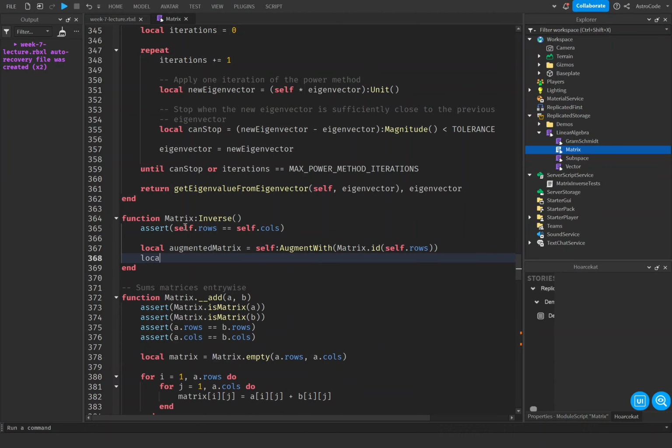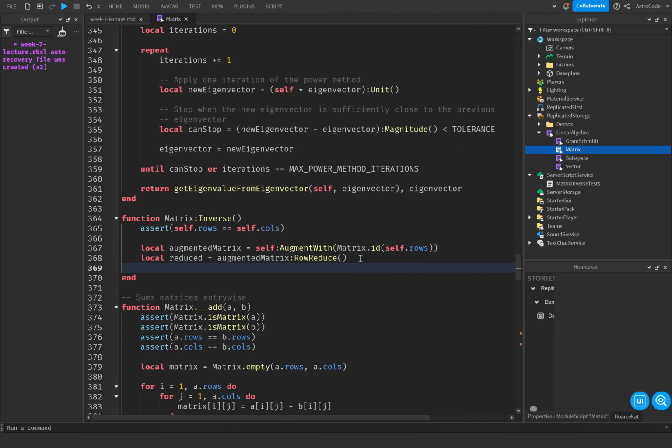And then we're going to row reduce this. And now because I have moved our system solver code into the matrix class, I can just call this row reduce method directly on our matrix. And now what we want to do is know if our reduced matrix, right, so we want to know if the left half has reached the identity.